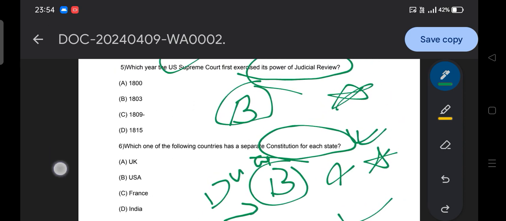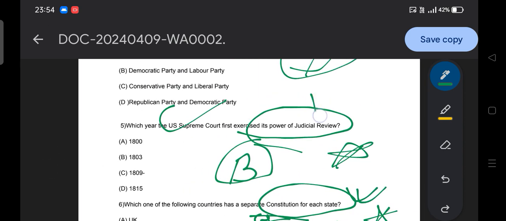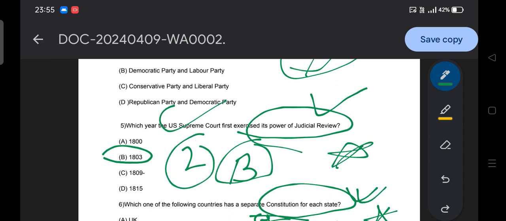Moving to the next, here we have the power of judicial review, 1803. Now they take it from here and make a sentence in the last question, as I highlighted to you. From here they get one question. Okay, the second point.